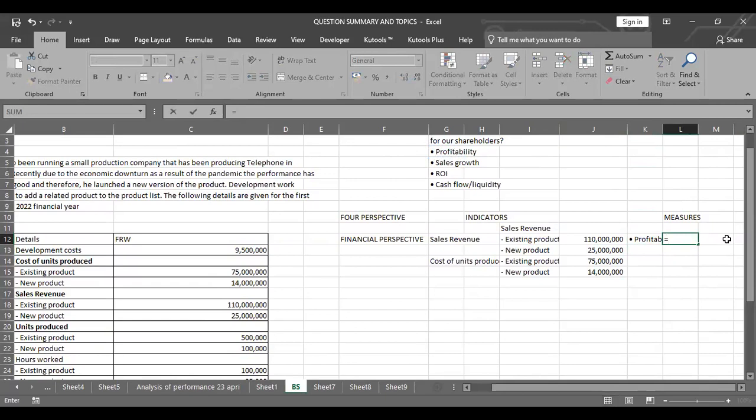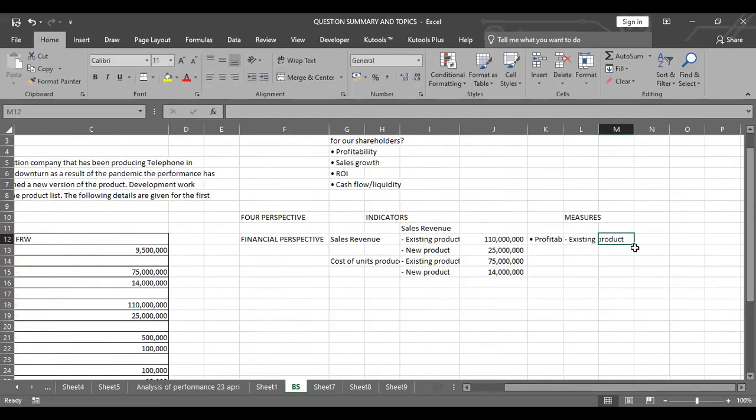Now, profitability is that from the existing, you notice that we have the profitability issue. The profitability here is, you may check, there is the sales of 110, subtract this, and you, of course, get what would be the profit for that case.